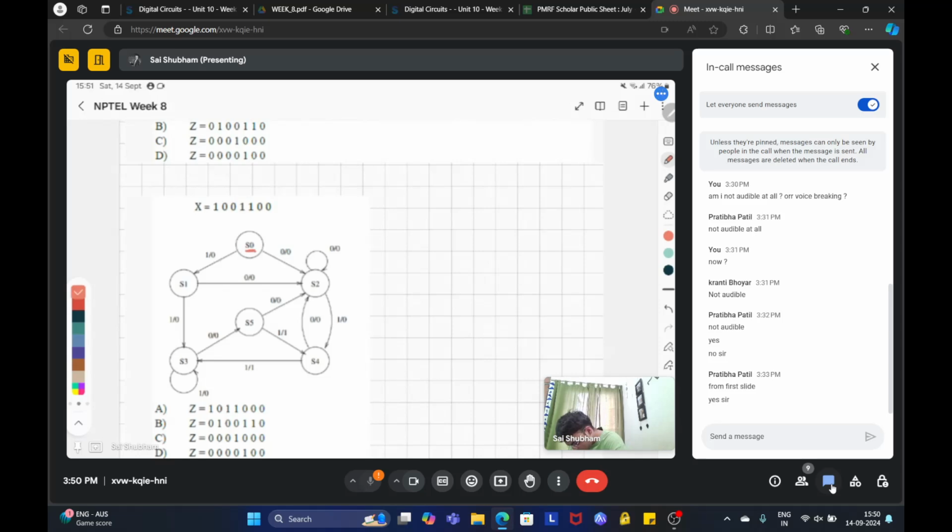So this will follow this path because here this is X and this is Z. Fine. Then X is 0. So this path. Fine.